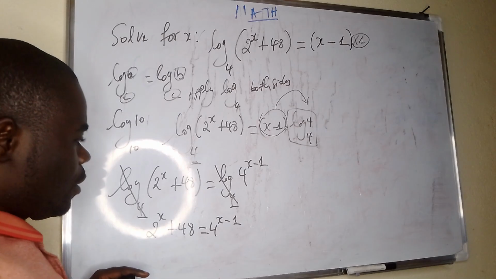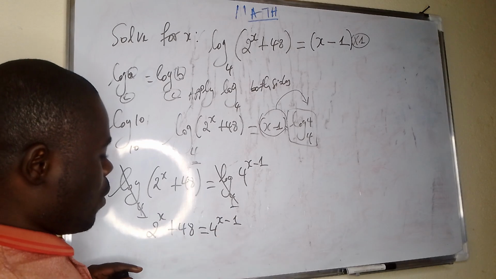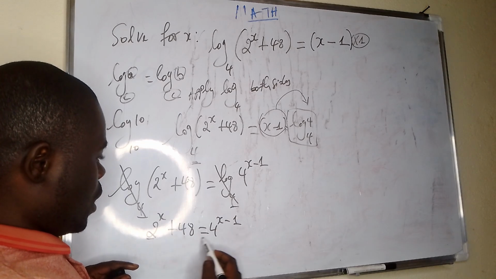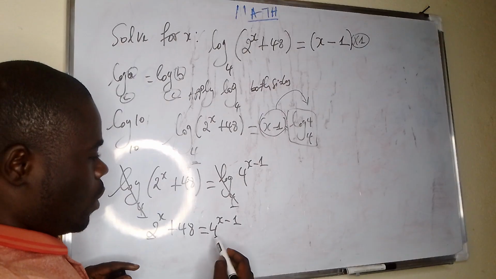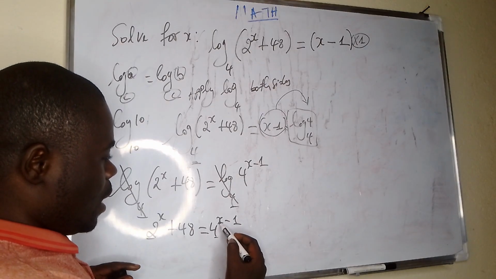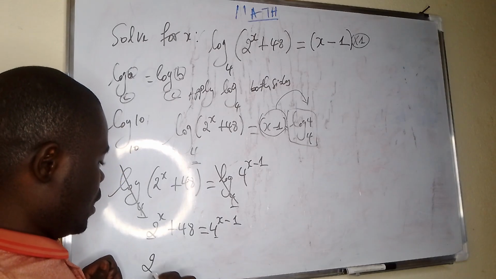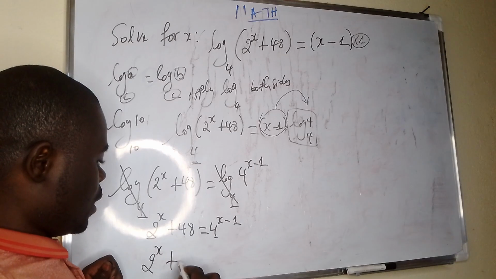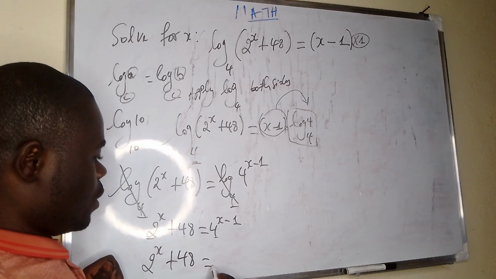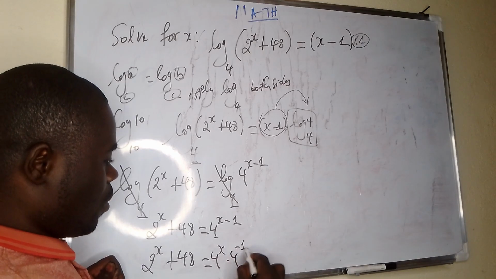How can we solve this? First of all, we see that we have x at the power, and we have 2 and we have 4. What we can do first of all, we can separate this x minus 1 from exponent. When we separate, we get 2 power x plus 48, which is equal to 4 power x, then times 4 power minus 1.